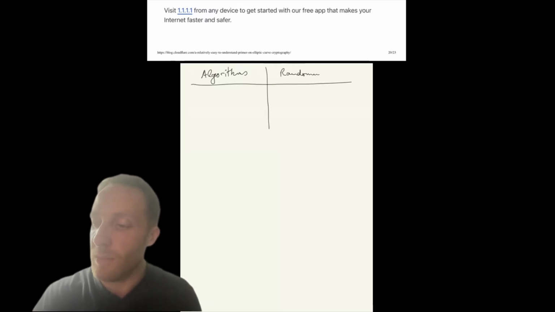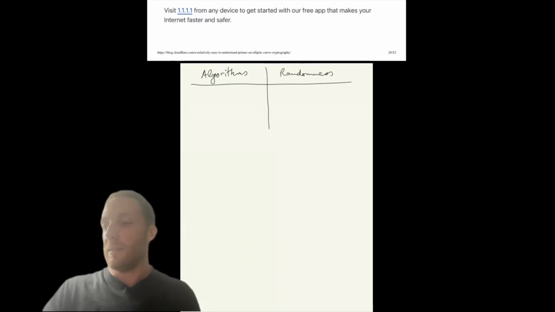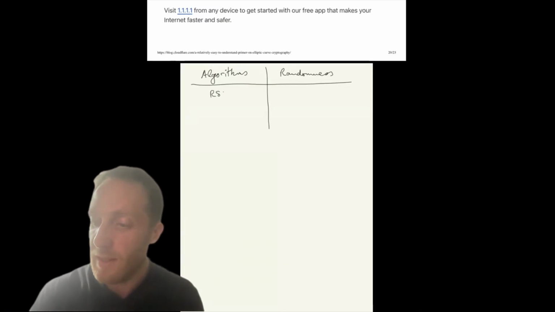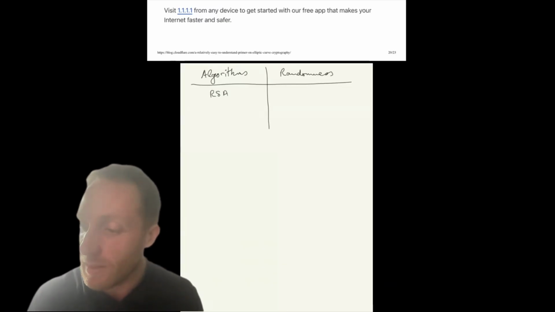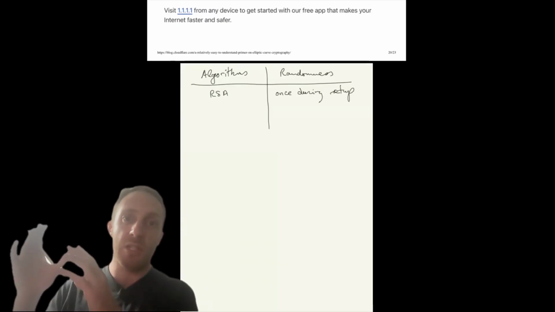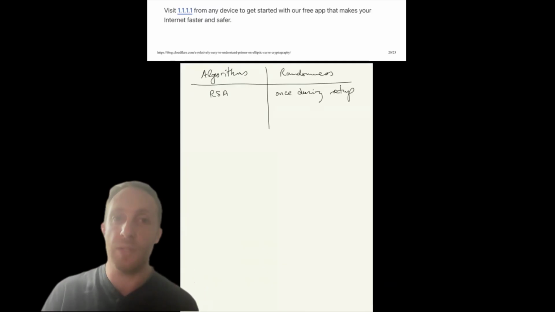For signing things, for hiding certain things, we typically need a source of randomness. In RSA, this source of randomness is basically only needed once during the setup, for finding your two primes that multiply to give you the n, the modulus of the group you're using.